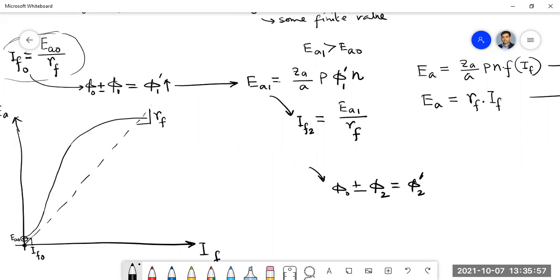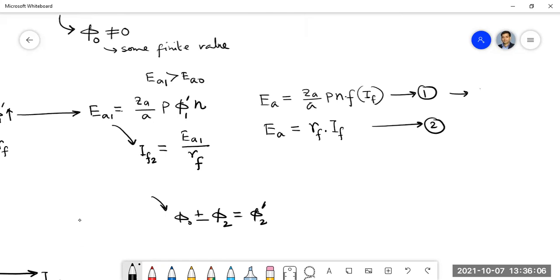So this is basically the open circuit characteristic. You all know that equation number 1 is basically the open circuit characteristic, where we plot the induced voltage with respect to the field current as per this equation. And then this is the simple RF line as per Ohm's law.